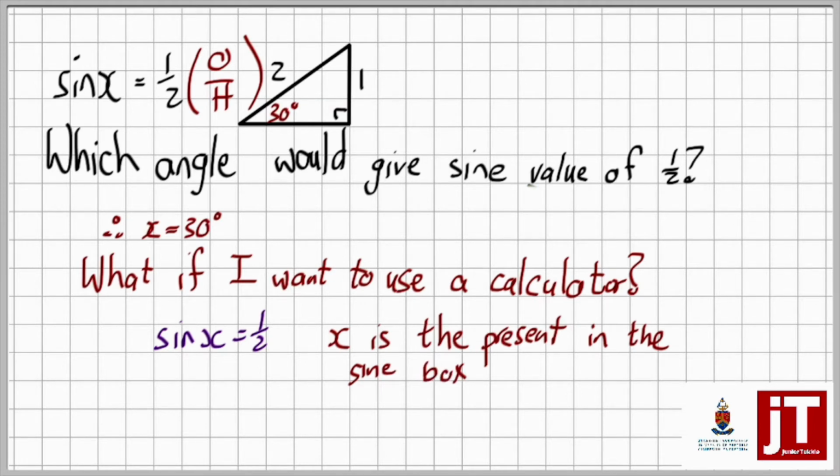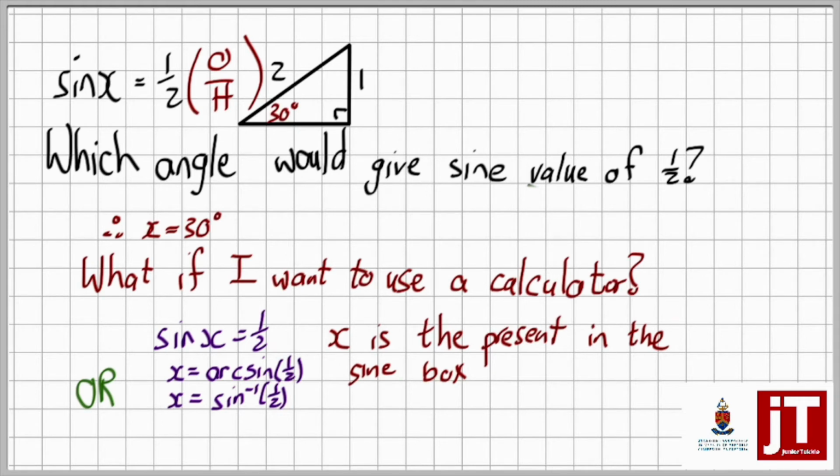Think about x as if it is inside a present, underneath a Christmas tree, and you want to get to that present, that inside. That's what we're looking for. That is the x, while the sine function is the box. So to unwrap the box, we are going to use the arc-sine function, or, as you most probably write it, sin to the negative 1 of a half.